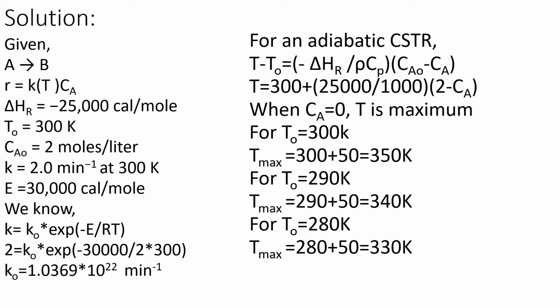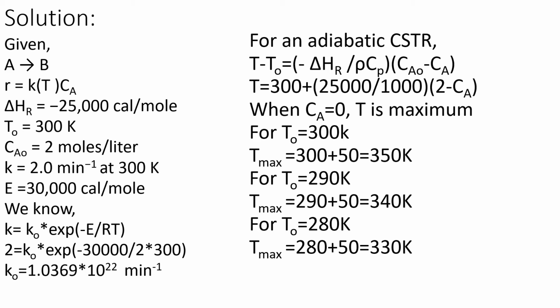Since the reaction is in an adiabatic CSTR, T minus T naught is equal to the negative of delta HR divided by rho Cp, times Ca naught minus Ca. So we can calculate the maximum temperature.